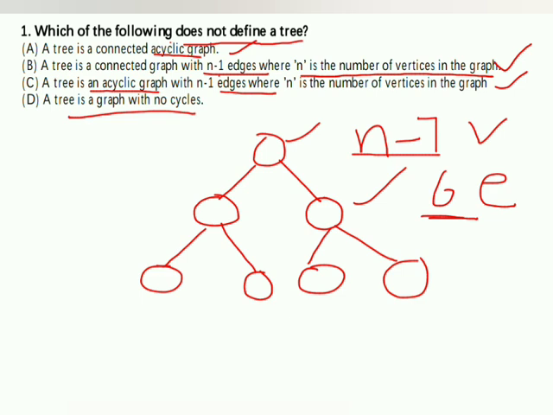So a tree is a graph, but it is a connected graph. So option D cannot be true, since if a graph is not connected, then it cannot be a tree. A tree is a connected and undirected graph with no cycles. So option D is the correct answer, since it doesn't define the tree.